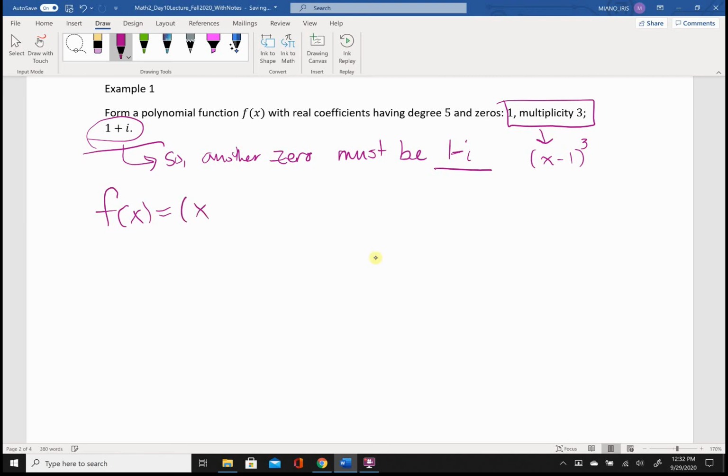I'm going to start with my real zeros, x minus 1 to the third power. And then here's how you can write your complex zeros. We have x minus 1 plus i, and then x minus 1 minus i.